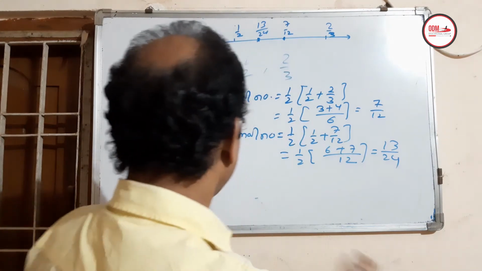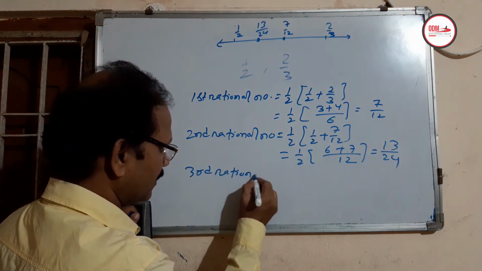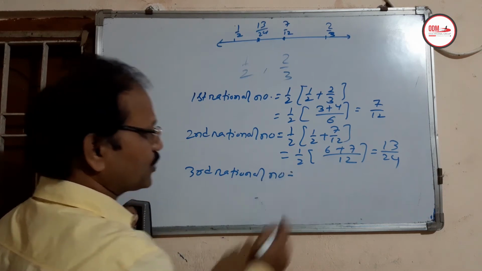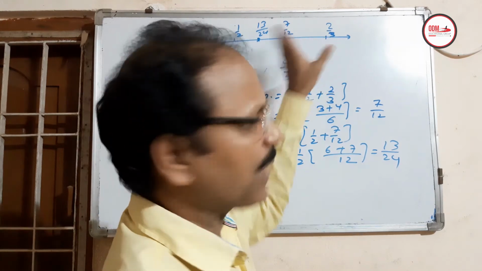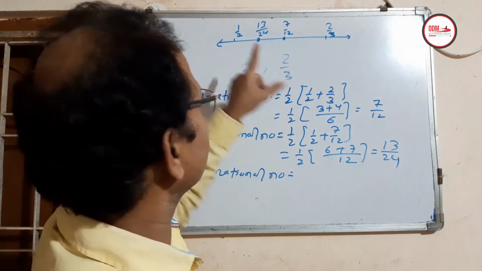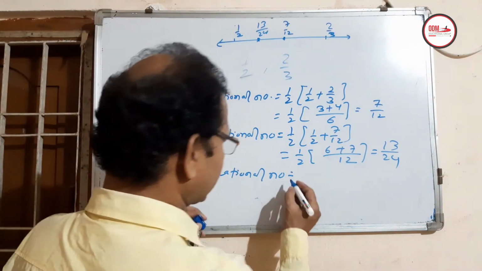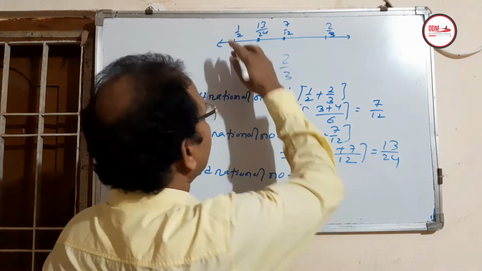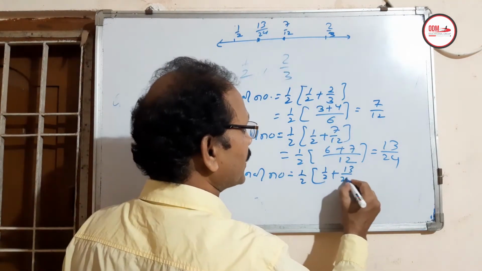Now the third rational number. You can get the third rational number in many ways, like this plus this by 2, or this plus this by 2, or this plus this by 2 also. Look at the third rational number: it is half of, first one is 1 by 2 and this one is 13 by 24.